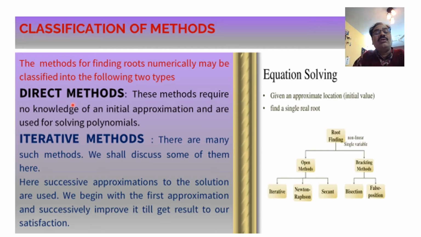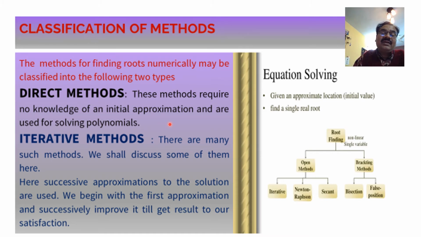Now in numerical analysis, if you go for the classification of the methods, you find that the methods for finding roots numerically may be classified into two categories. First, direct methods, which require no knowledge of an initial approximation and are used for solving polynomials.